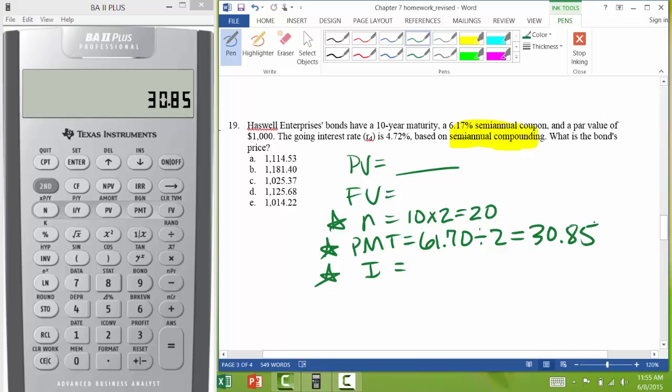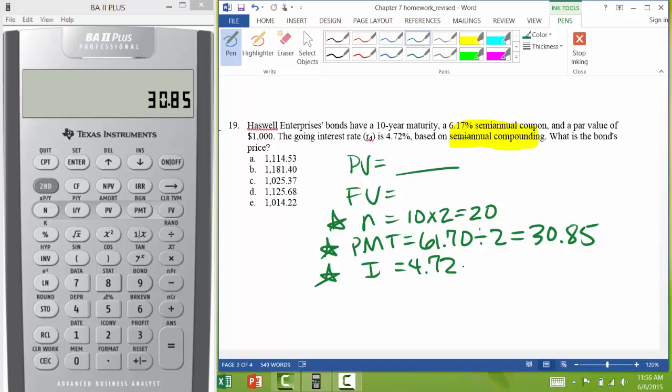$30.85. And then the interest rate is 4.72% based on semi-annual compounding. So let me think for a minute, because they worded that a little bit weird. Yeah, okay.